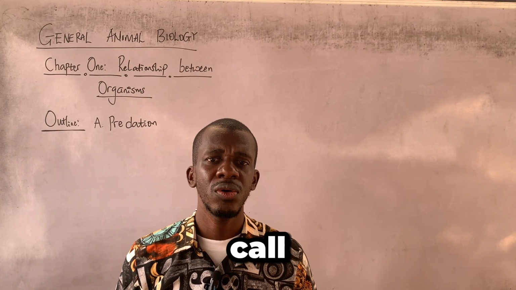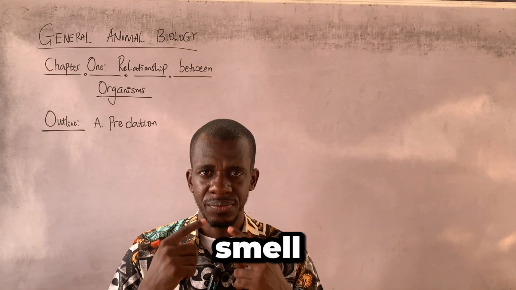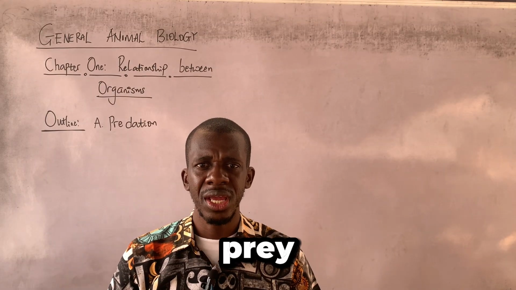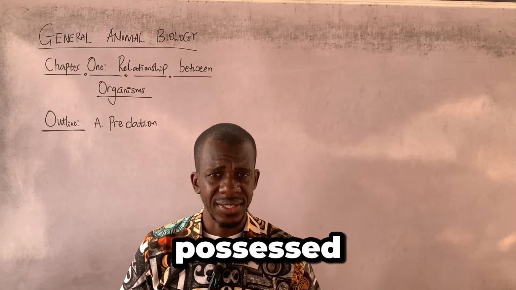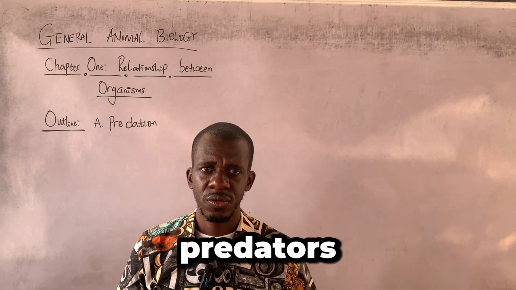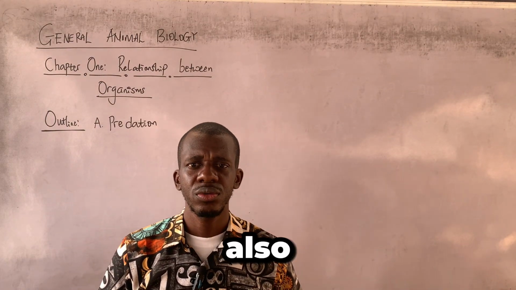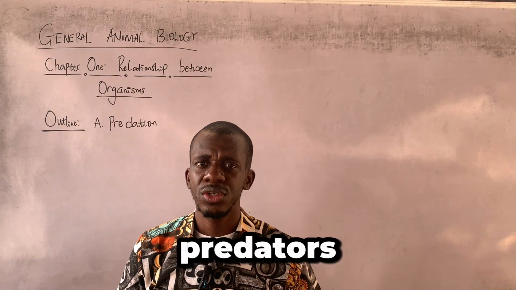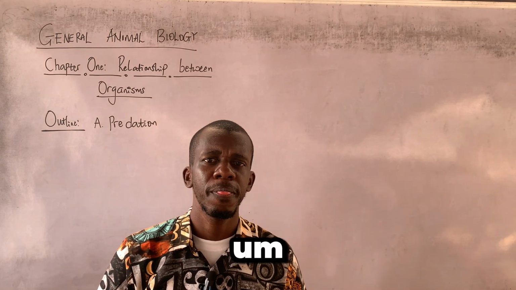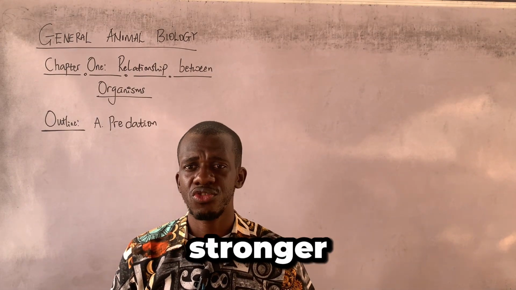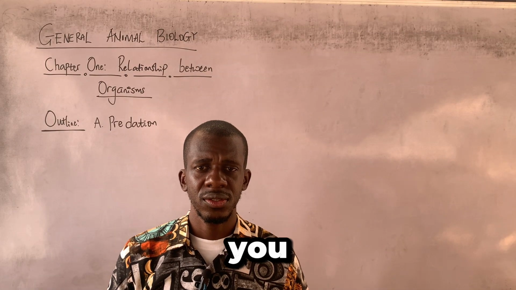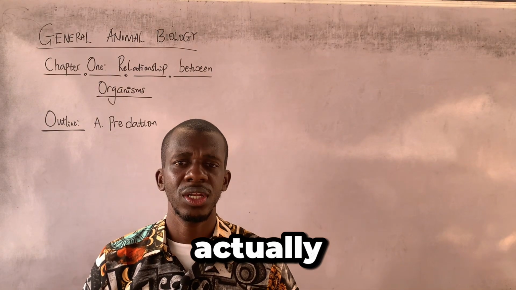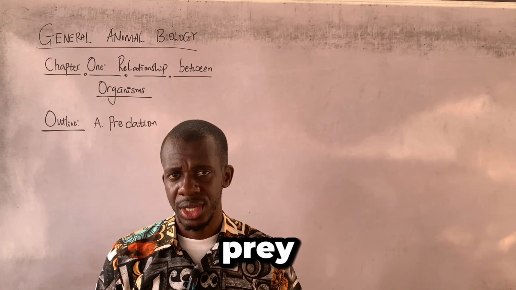We also have what we call acute sense of smell. Yes, tracking prey by their scent. This is also an adaptation possessed by predators. All right. Also, predators possess strength. They are usually stronger than the prey. You see that now? So they can actually overpower the prey.